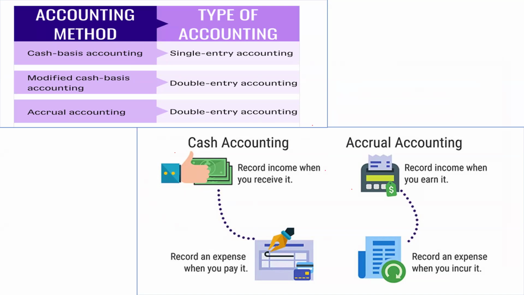For the cash accounting method, if you see any retail store, you can go there and pick one of the products. If you go to any DMart or Vijay or any retail store, you can find your required product and come to the billing desk.